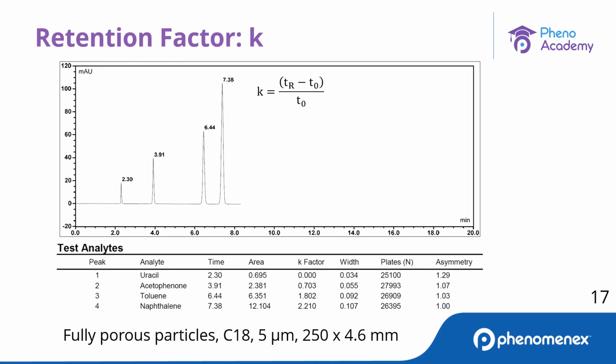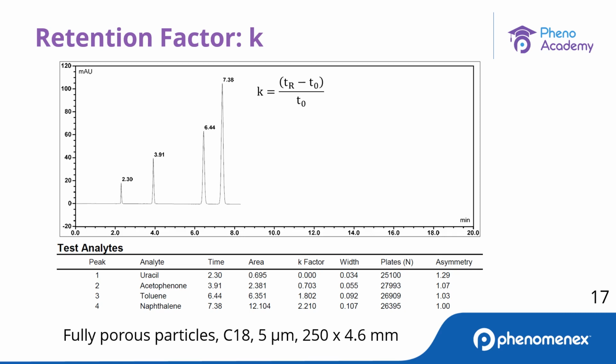It is just to normalize retention, because the timescale on the x-axis in the chromatogram only indicates how much time has passed after injection of the sample. By itself, it does not say how much an analyte is actually retained or if it is retained at all.